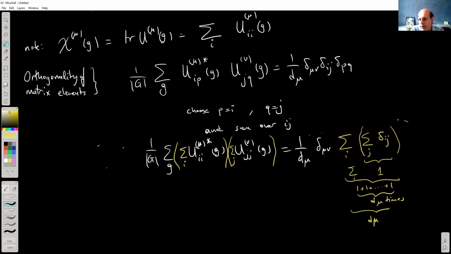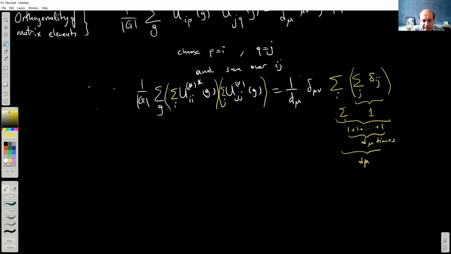Or alternatively, you can think of this as the trace of, or the sum of the entries of an identity matrix. Whatever, just think about it, right? So at the end, I'm going to get delta mu nu on the right-hand side, and on the left-hand side I get this.